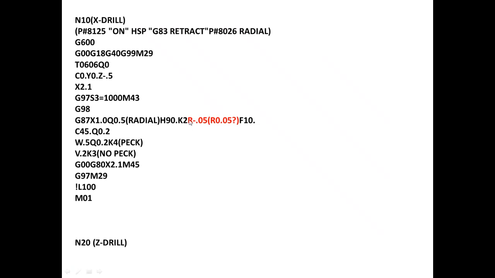Mostly, I don't even command the R value. I just position right in front of the hole and drill. So if you don't command the R value, wherever your starting position is, that is the position that starts the pecking and coming out if you choose a regular peck.